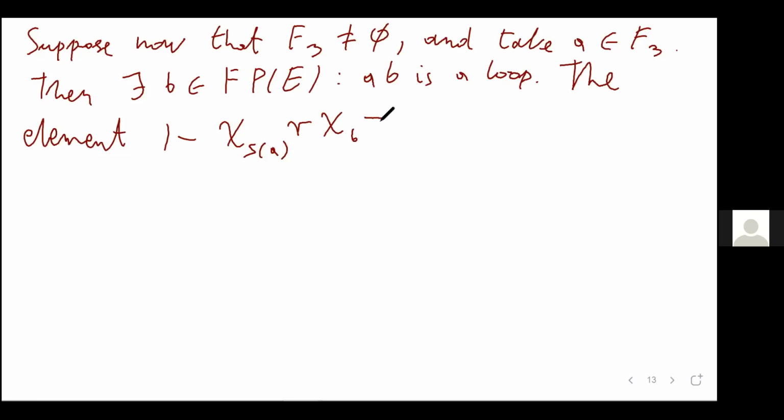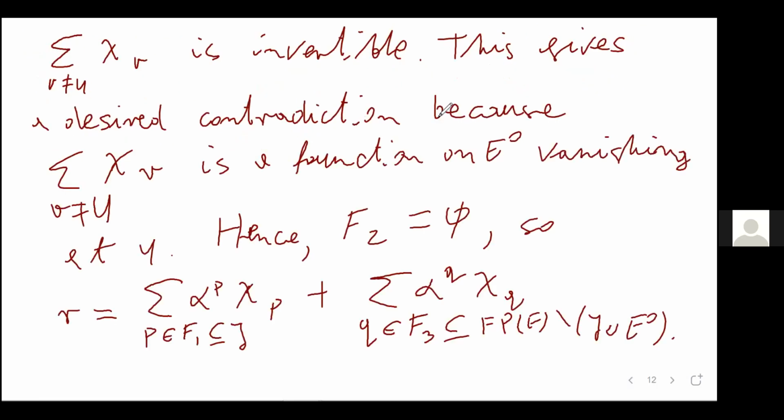But first, let me compute what it is. Or maybe compute is not the right word, but I can just write it more explicitly. You just have to remember what R is right now. You see, this is our R, and now we are sandwiching it. On the left we have chi SA, and on the right we have chi B.